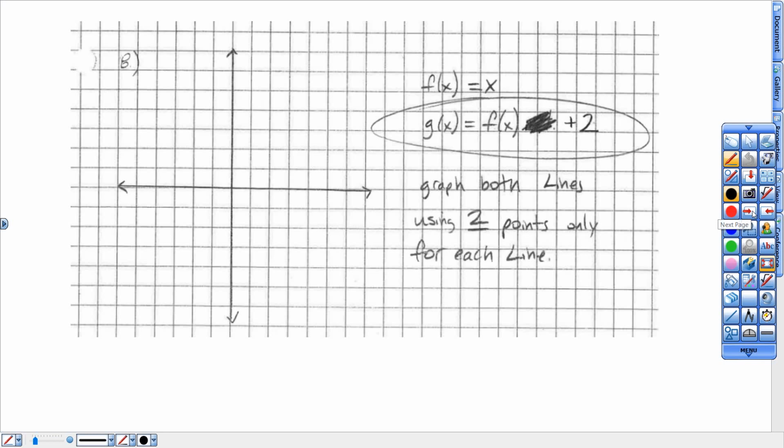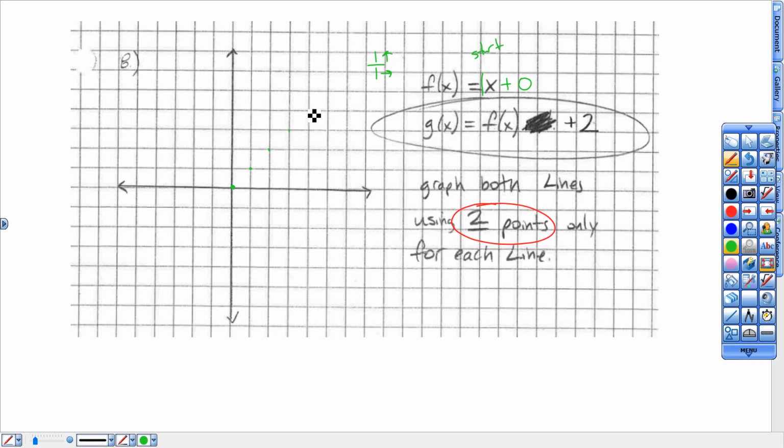This guy, be careful. This wants only 2 points. I'm going to stress that a lot. So this is my starting line. It kind of looks weird. People don't really know what that is, but that's 1x plus 0 if you're really trying to see. So that means I'm starting at the origin, and then that 1 in front of x tells me right 1, up 1, right 1, up 1.